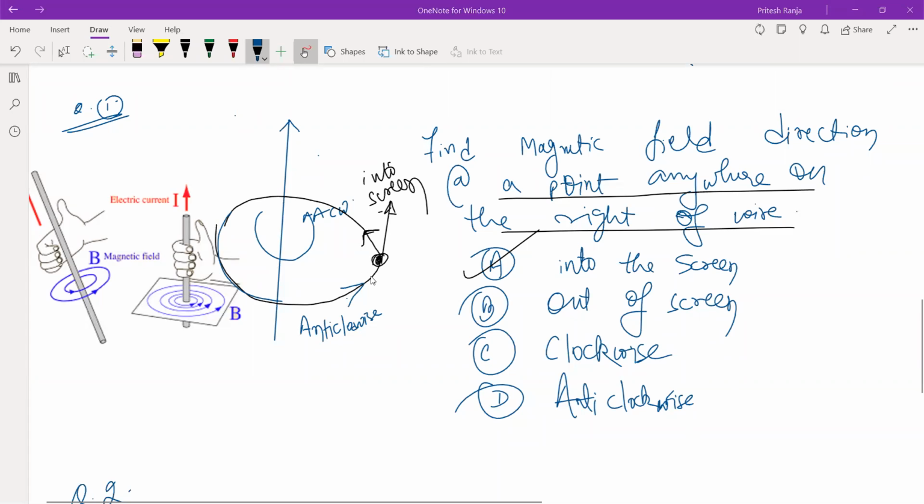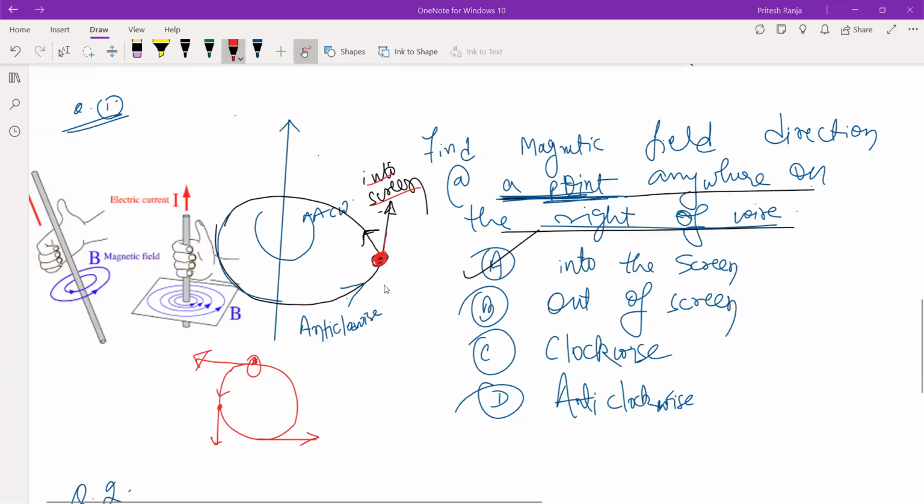So if it is anti-clockwise, the question asked is what is the magnetic field at a point anywhere on the right side of the wire. Let us say I select this point randomly. So what will be the direction now? On a circle, if a person is moving anti-clockwise, the direction at this point is fixed. It is tangential always. Similarly, at this point, it is into the screen.